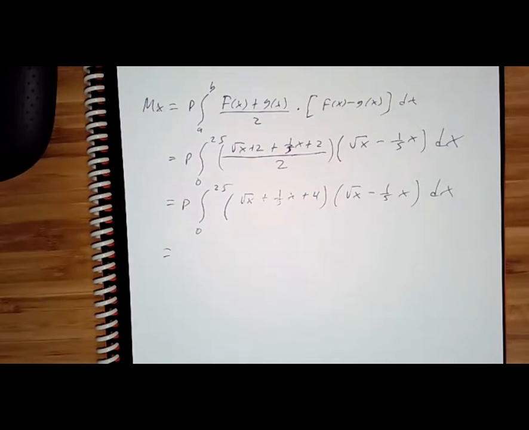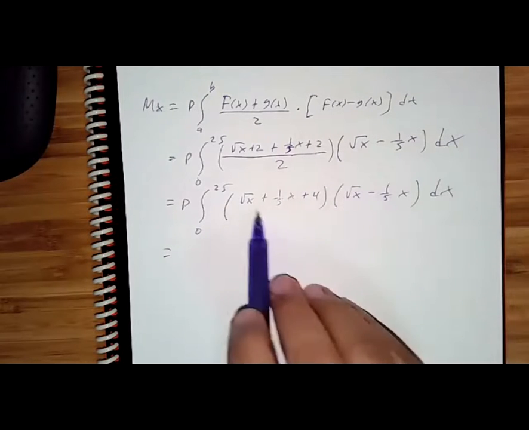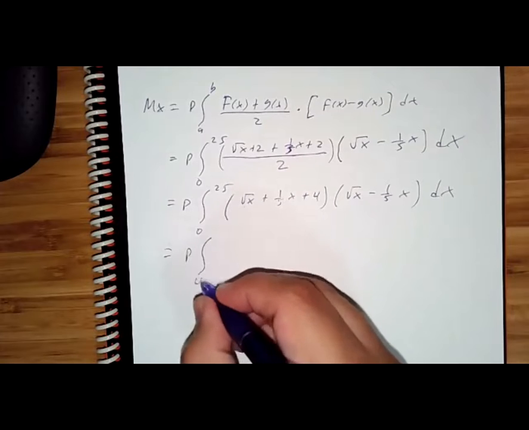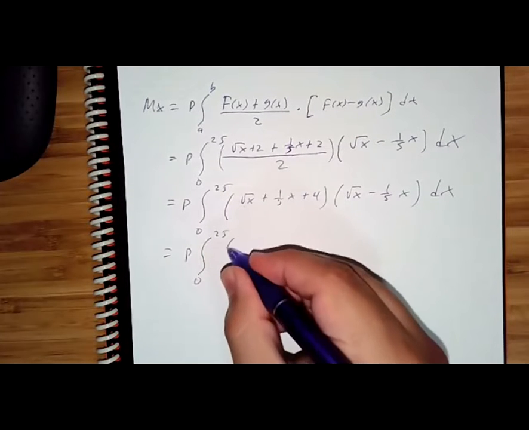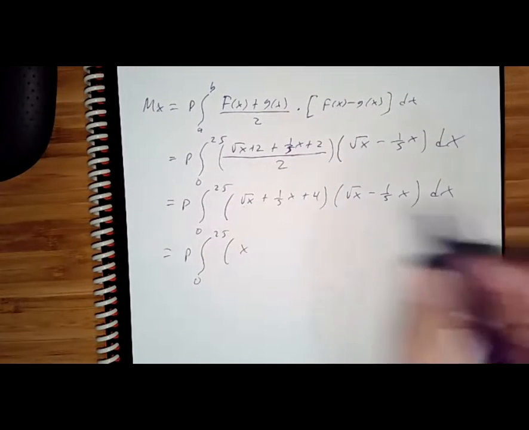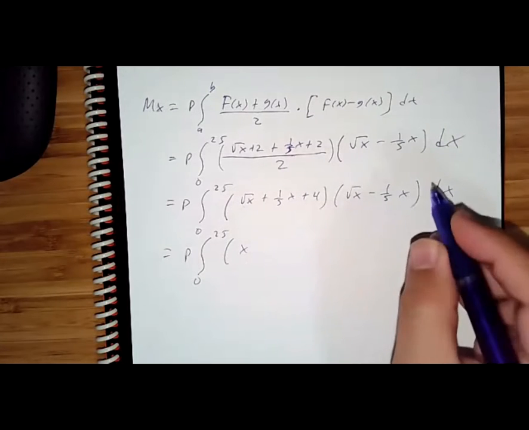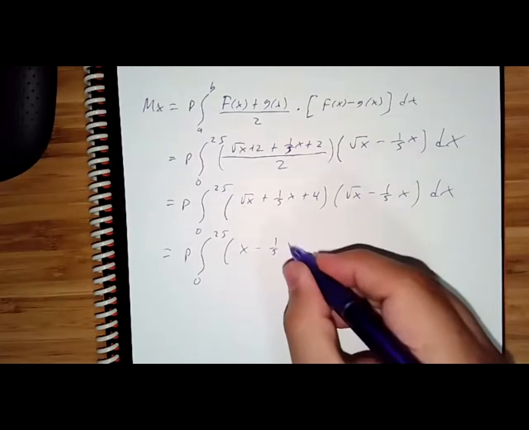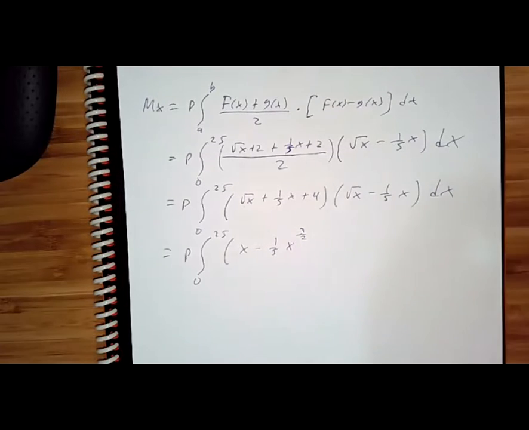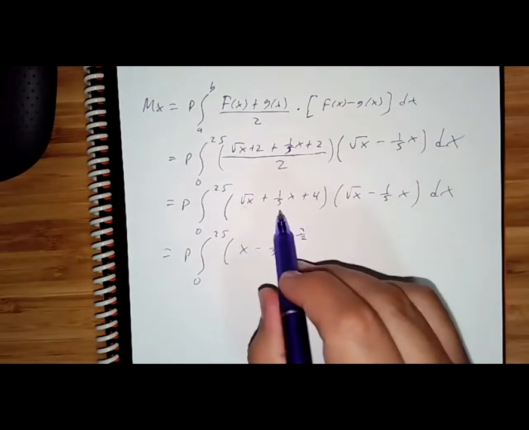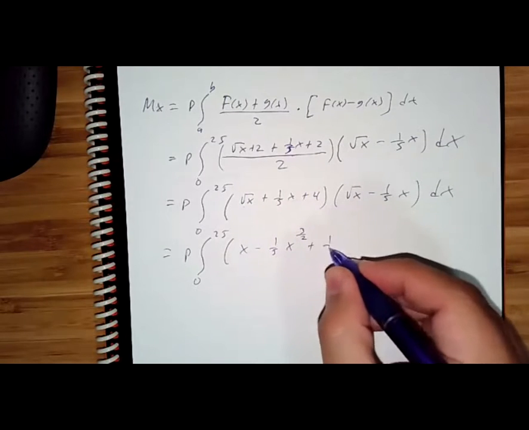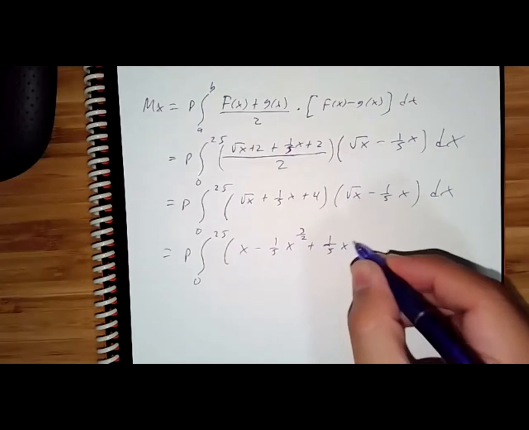All right. Here we go. Root x times root x is going to be x, right? Root x times the next one will be negative 1/5 x to the 3/2. Now the next one: 1/5 x times root x will be plus 1/5 x to the 3/2.